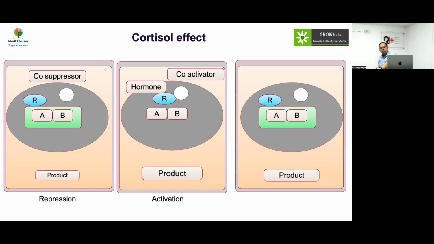Now, do steroids only activate the production or do they suppress the production, Vibha, of any particular genes? Do you think they will suppress also? Could you? Do you think which will be suppressed directly? Cortisol will suppress what? Cortisol will suppress AVP.